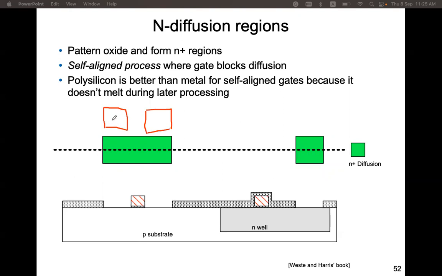This is an N plus region. This is another N plus region, but that requires a very careful alignment to the edge of this gate. And this alignment can be very difficult, very challenging.